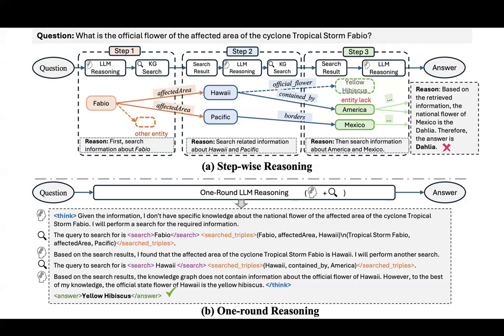I find that if I generate search tokens, I can call the search tool and get the search results with the retrievals, and then it can continue thinking about the previous result.